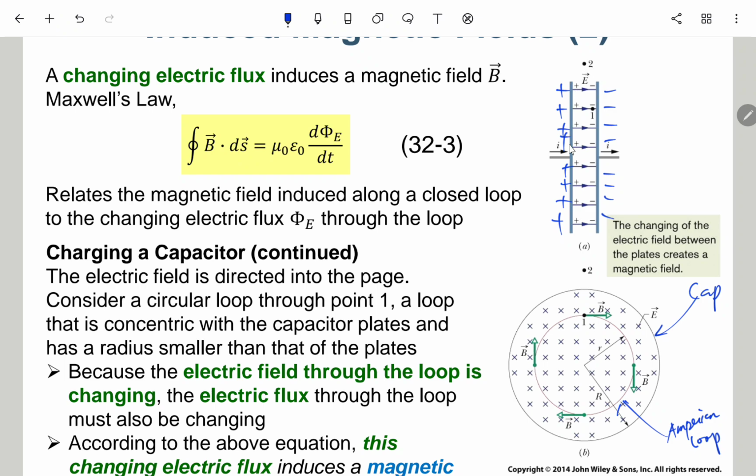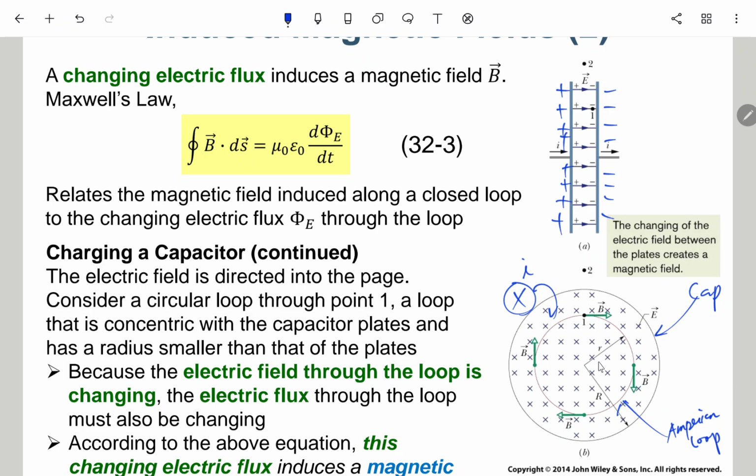Which means in the top figure, the E field is from left to right. Here we assume that the current is going into the page, although I is not a vector. So the E field has the same direction as the current.